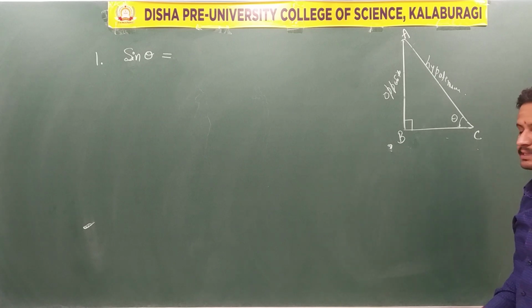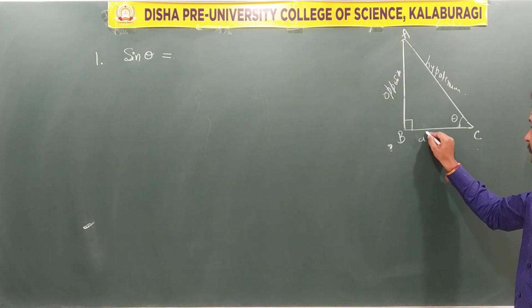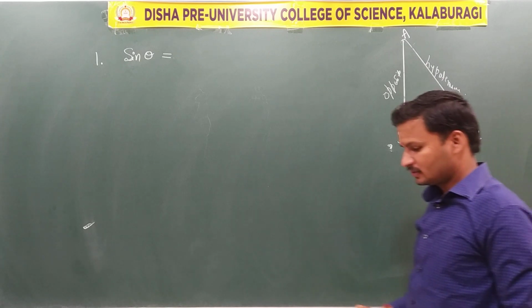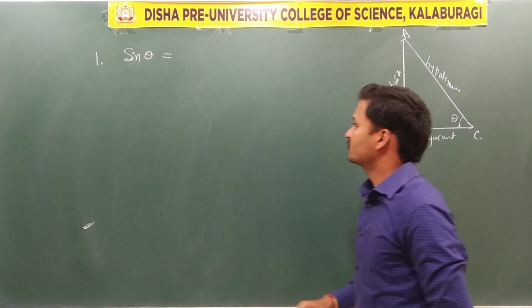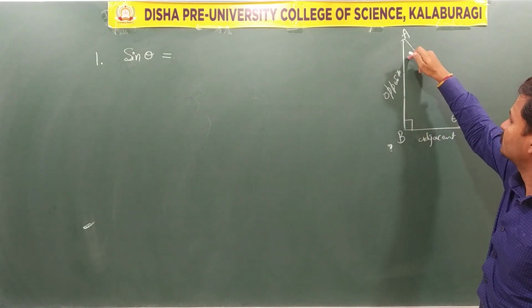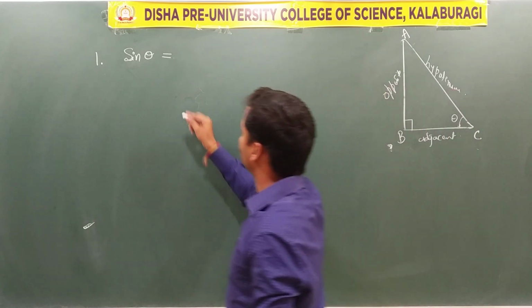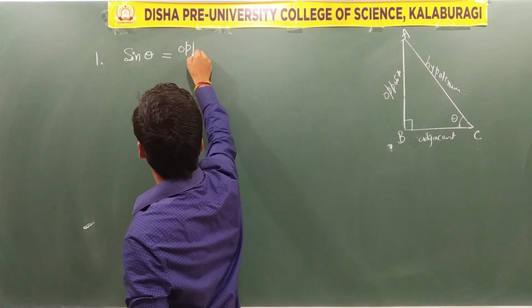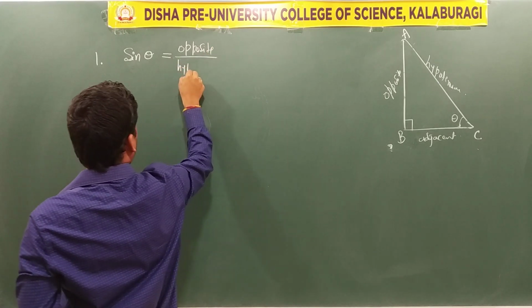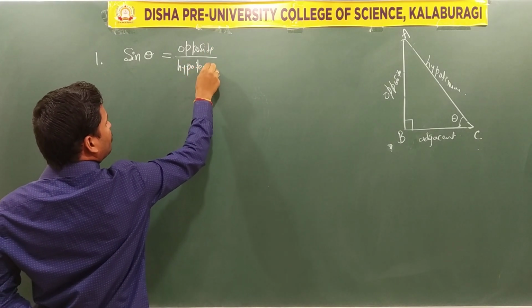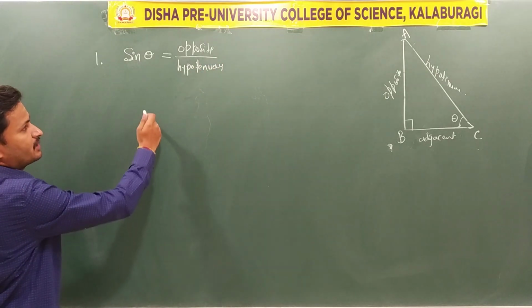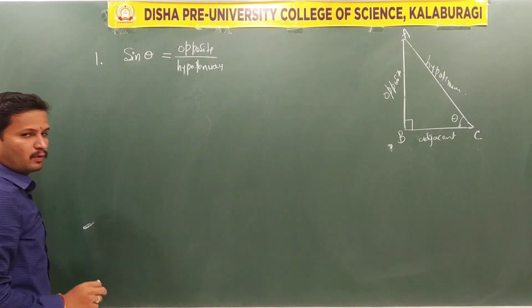And here BC is adjacent or base. So sin theta, in a right-angled triangle, is the ratio of opposite to the hypotenuse.